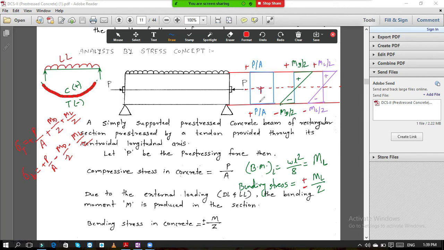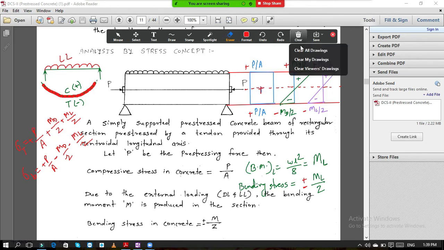So if you algebraically add these with sign, you can get the total stress. This overall concept is called the stress concept. Now we will move further.